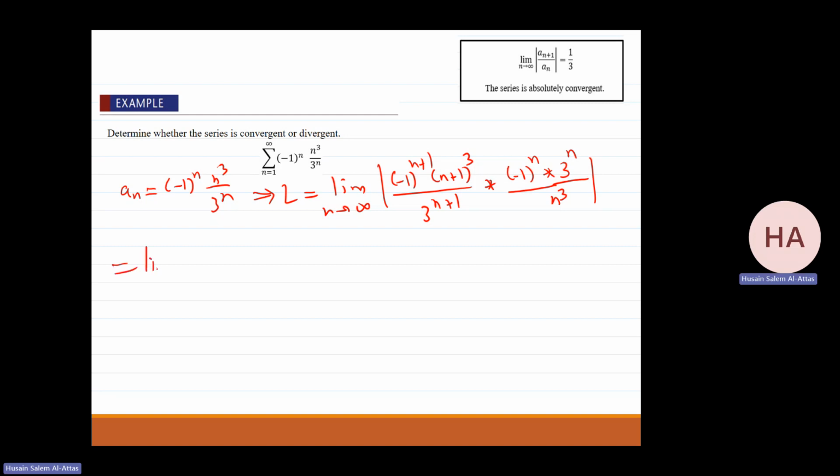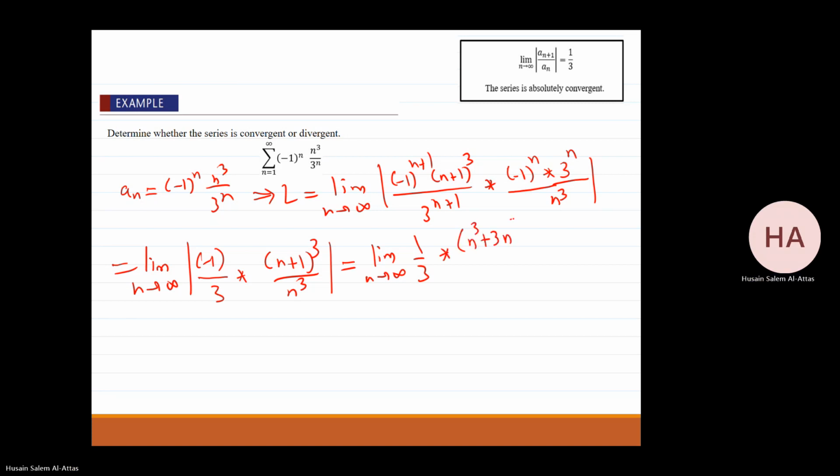That will be the limit as n goes to infinity of... this is minus 1... I have over 3, which is the limit of 1 over 3 times what is this? n cubed, same degree.